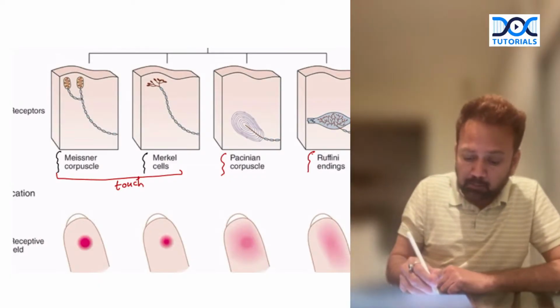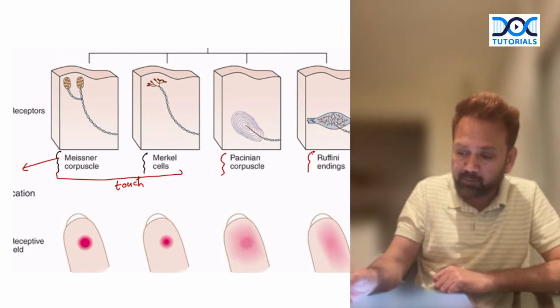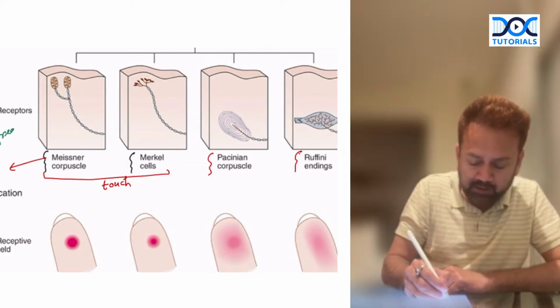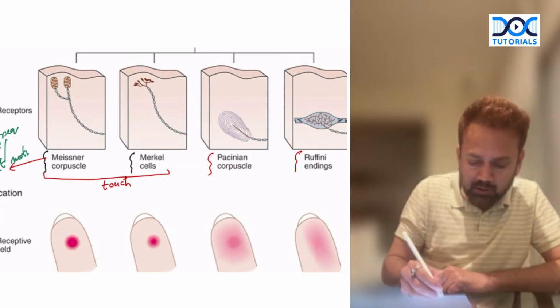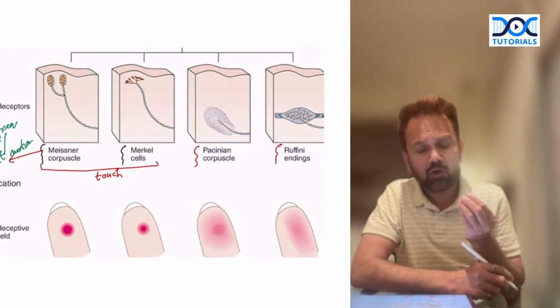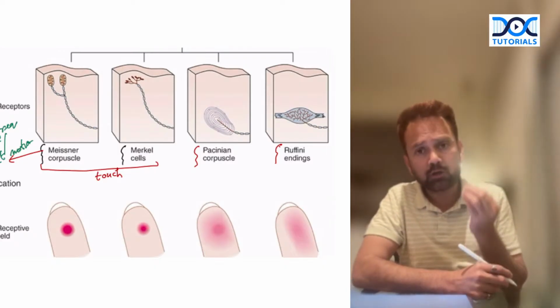Meissner's corpuscles are for low frequency vibration, or lateral motion. Suppose you want to feel the texture of a handkerchief or any cloth, to know whether it is cotton or terracotta.